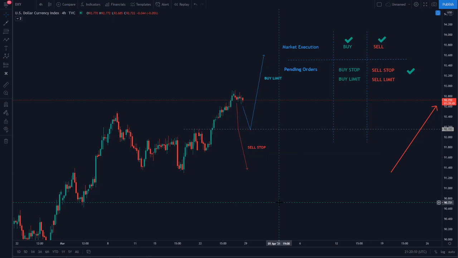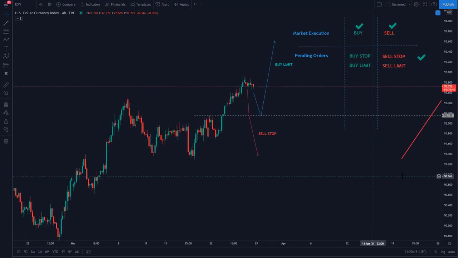Now, what is a sell limit? As easy as the rest, it's just the opposite of a buy limit. Let's assume the market is currently here, and we're forecasting that in the future, the dollar index is going to drop from 91.895 to a lower value.